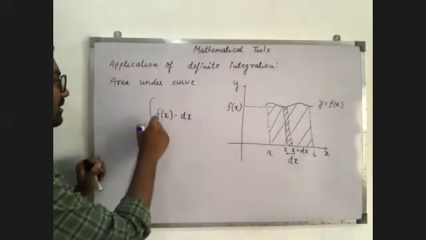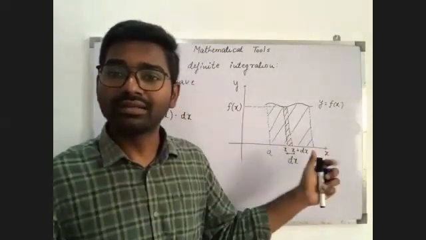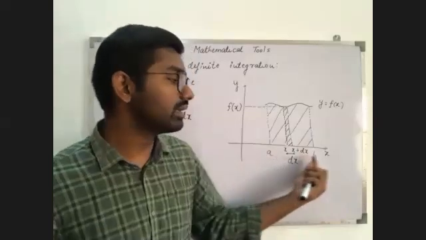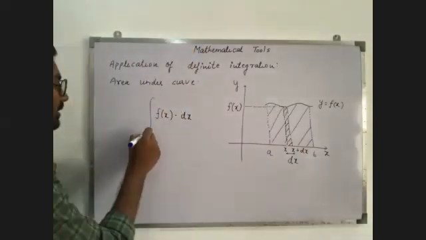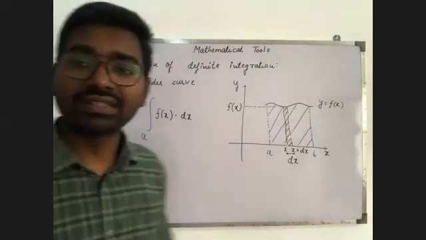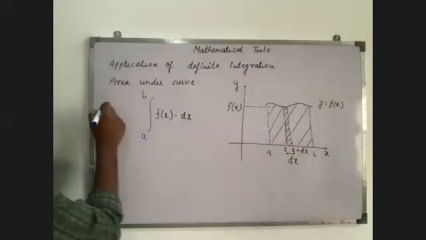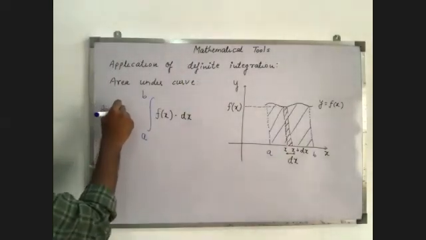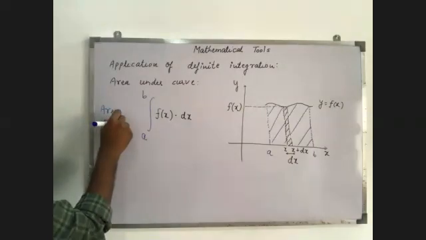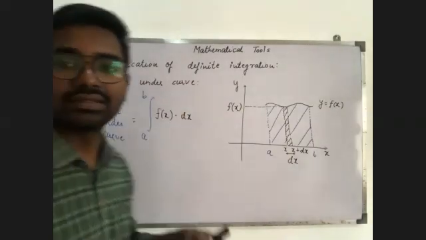So integration f(x) dx, from where to where are we going to add? We have to add from A to B. If I calculate the definite integration of f(x) dx from A to B, I will get the area under the curve.